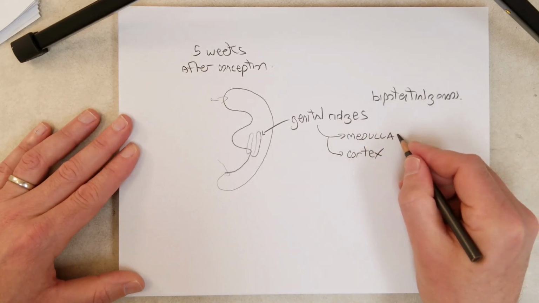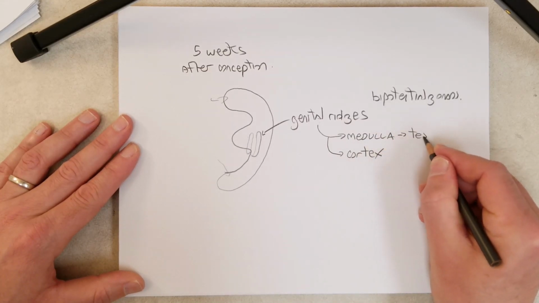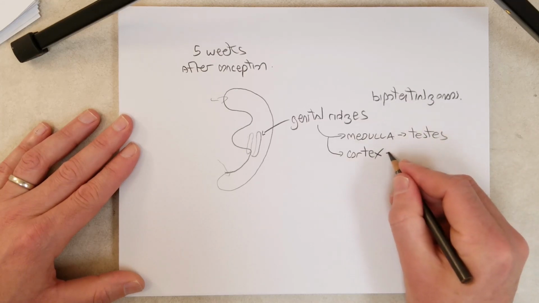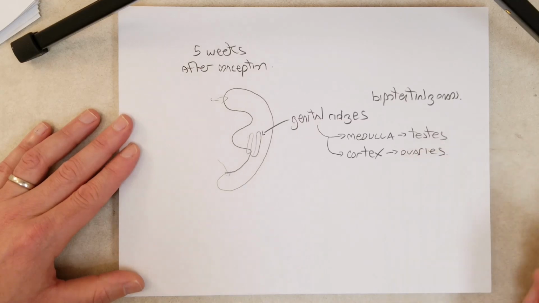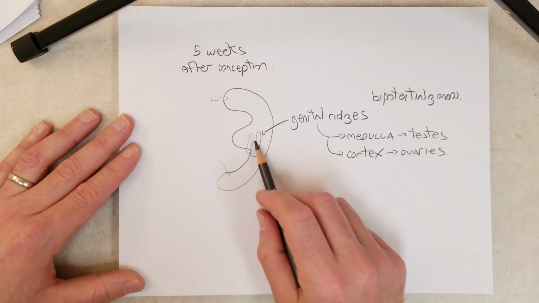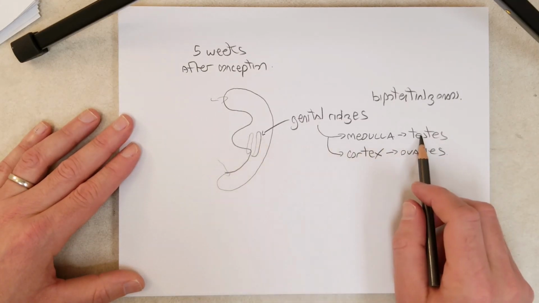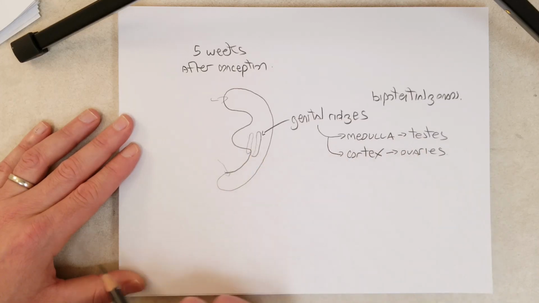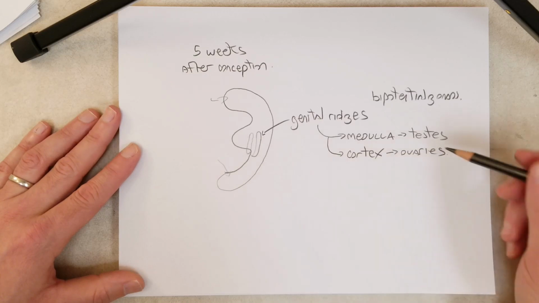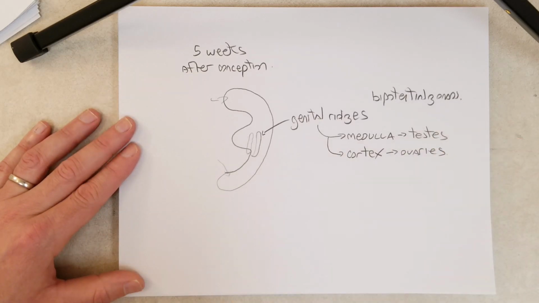Now the medulla is what develops into testes, and the cortex will develop into ovaries. The medulla of one genital ridge will develop into a testis, while the cortex of one will develop into an ovary. And then we'll have pairs of testes or ovaries.